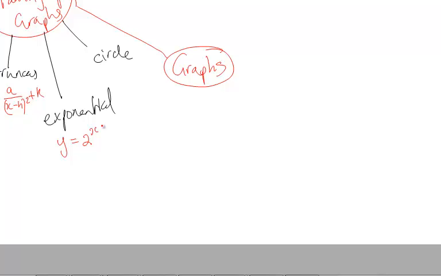We haven't looked at a lot of these ones, but we've looked at a couple of them. And then finally the circle, x minus h squared plus y minus k squared equals r squared, r being the radius. So we've looked at all of those types of graphs.